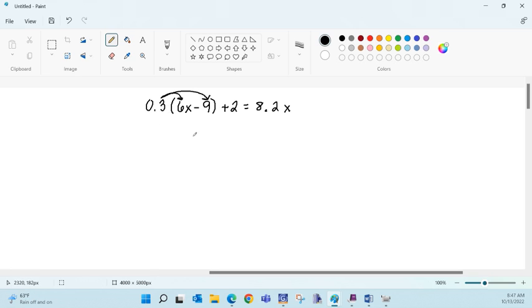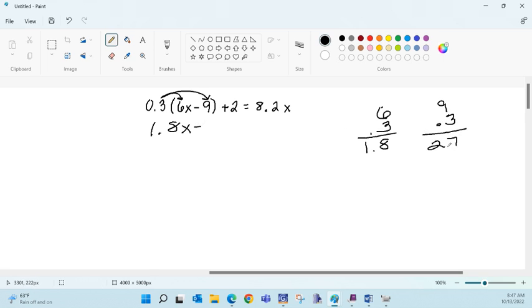So 0.3 times 6 gives you 18, so you move the decimal one place, so you're right, 1.8x minus 0.3 times 9.